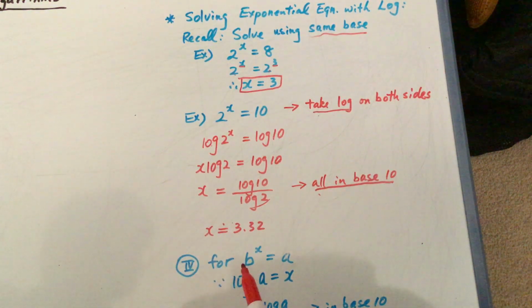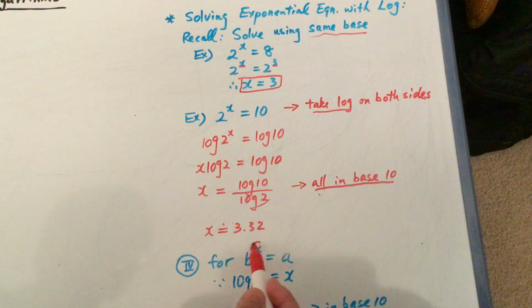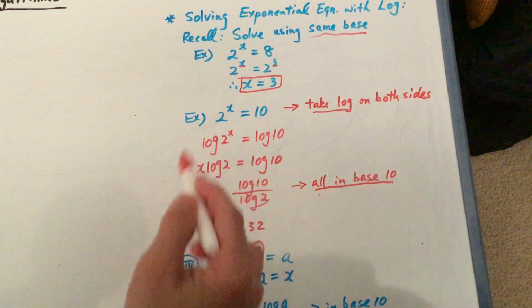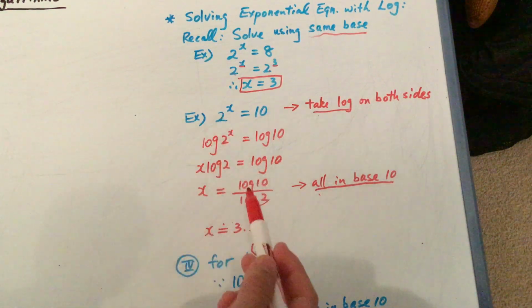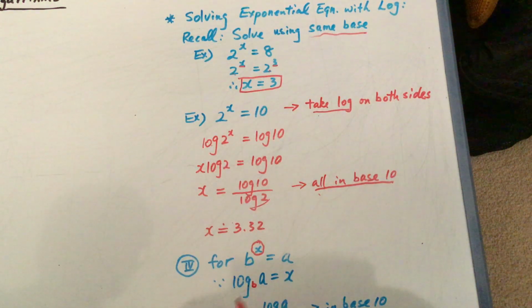So in fact, for any given exponential equation such as b to the x equal to a, to solve for that x, in log form x is equal to log base b of a, right? But when you're solving for x, like in this example, all you have to do is take the log 10 divided by the log 2, and that's how you solve for the exponent.